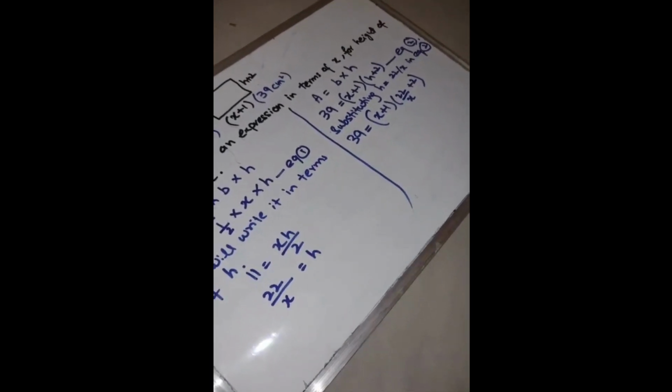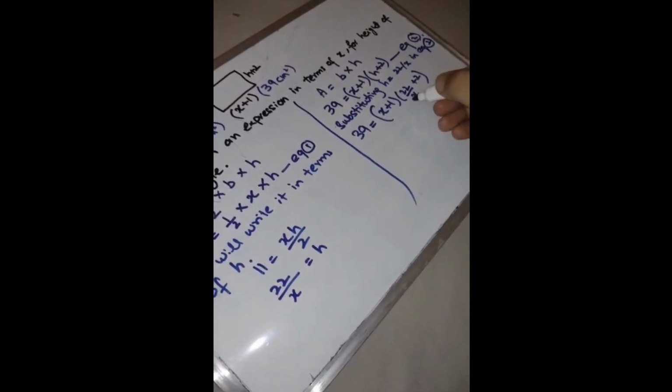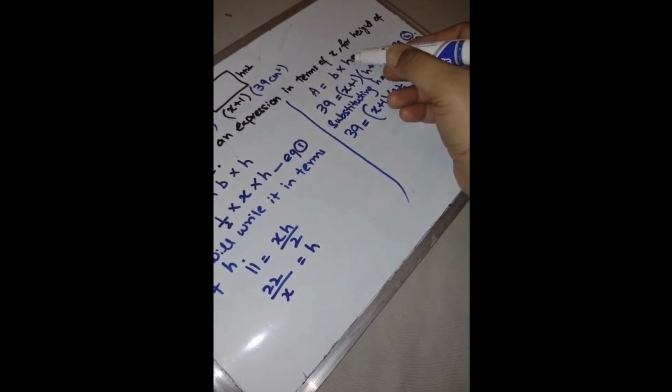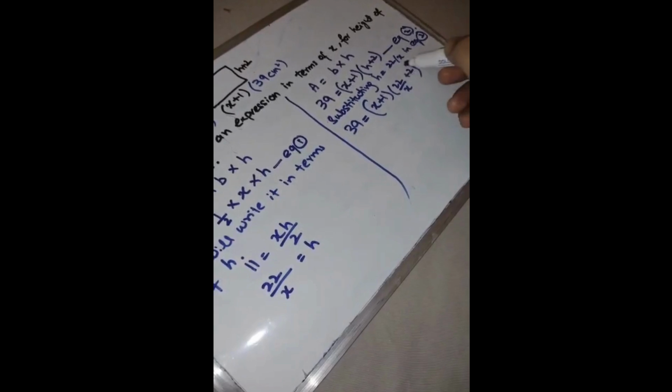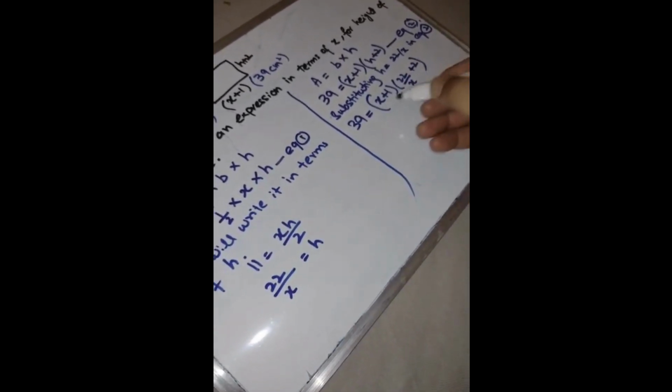It's simply this thing that is the height. They've told us to write the height in terms of x. So basically now this is a new height. We don't need to solve it further.